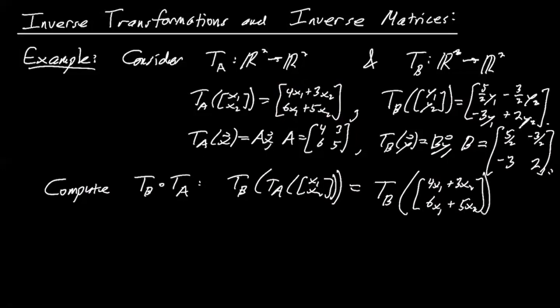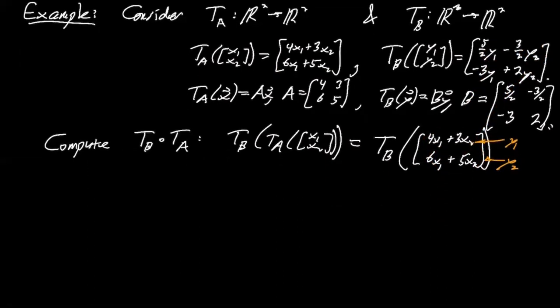And applying T sub B means this is really y1 and this is y2, this row. So we're going to plug in the expression 4x1 plus 3x2 for y1 right there, and 6x1 plus 5x2 for y2. Again, you should be able to pause and do this and be ahead of me.